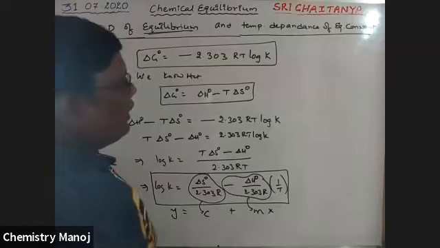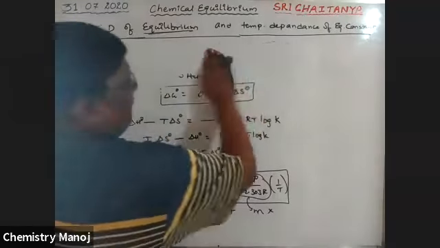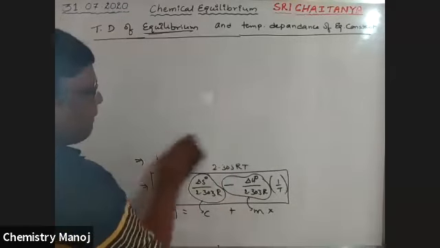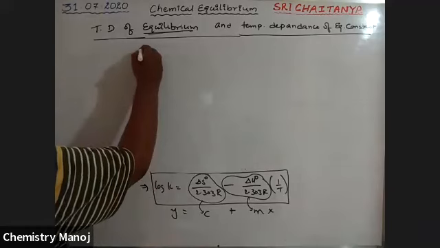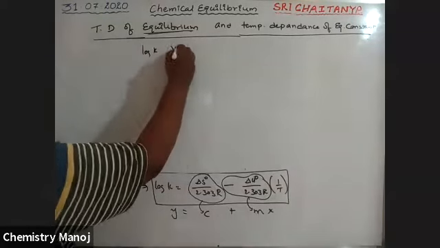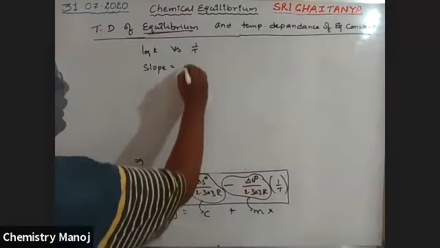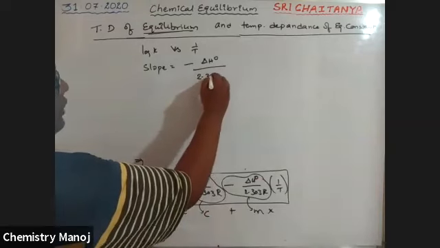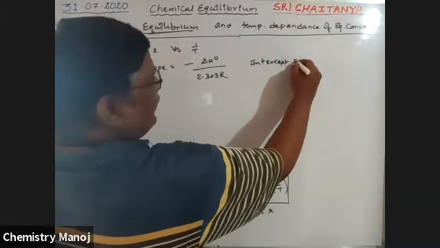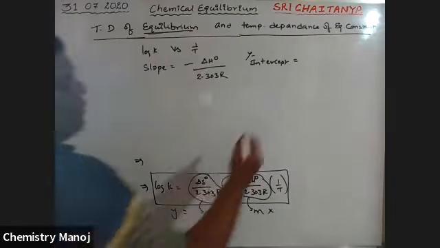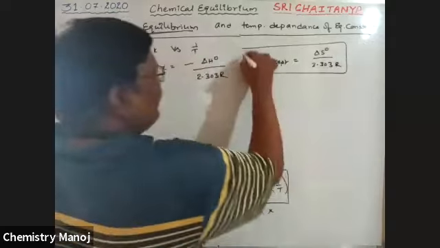So if you draw a graph, log K versus 1 by T, the slope m is minus delta H naught by 2.303 R. The intercept, the y-intercept, is equal to delta S naught by 2.303 R. Already at the time of thermodynamics, I derived the same equation.